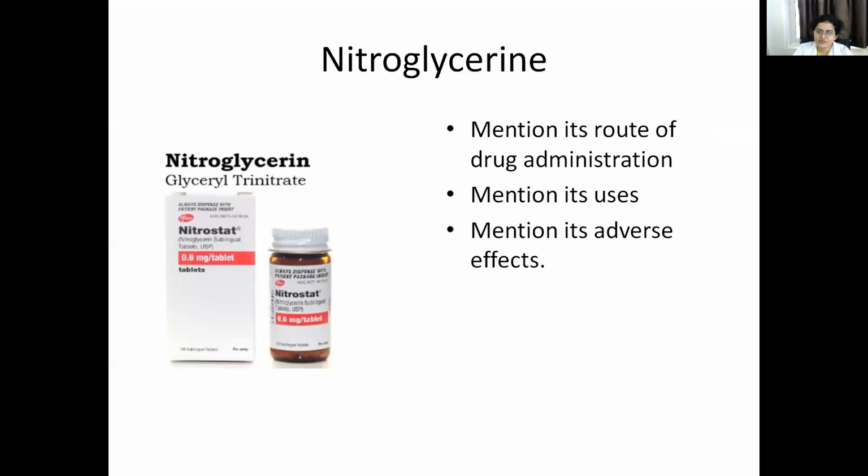Then mention the uses. It can be used in angina patients, and also in cyanide poisoning, and it is also used to treat esophageal spasm. Then mention the adverse effects. It causes vasodilatation, so there will be flushing and also throbbing headache, and there is one disease, Monday disease.